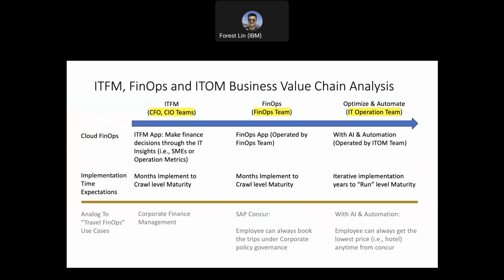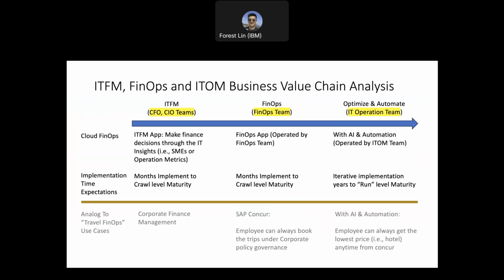And in the downstream, it is operated by the IT operation team or the DevOps team for the optimization and automation. So these three steps of the value chain usually refer to different products. They could be from different vendors. They could be carried by the same vendor.